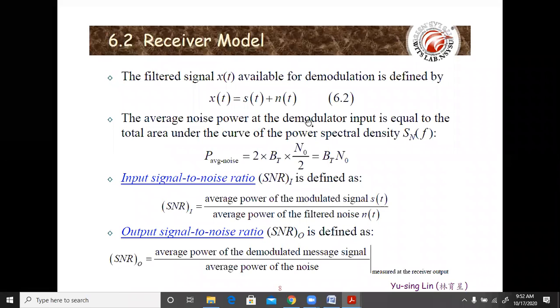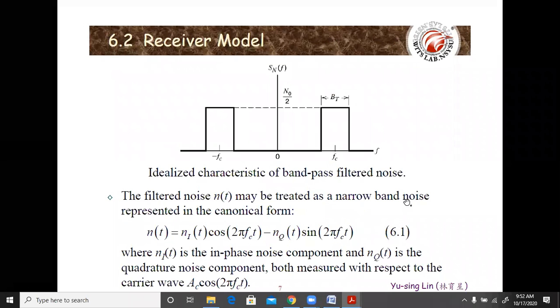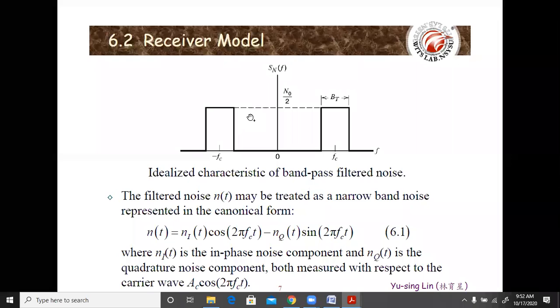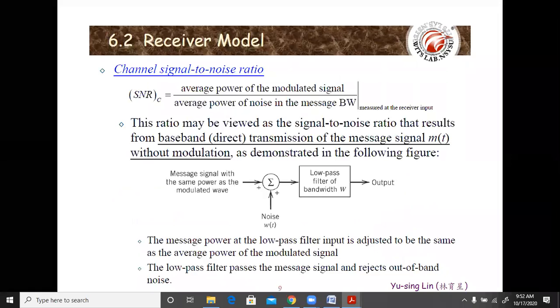The average noise power at the demodulator input is equal to the total area under the curve of the power spectral density SNF, and that is 2 into Bt into N0 by 2, which is equal to Bt N0. Here this is Bt and this is N0 by 2, and again this is Bt over there. So the whole thing will be 2 Bt into N0 by 2, the 2 will cancel, and Bt into N0 is what remains.